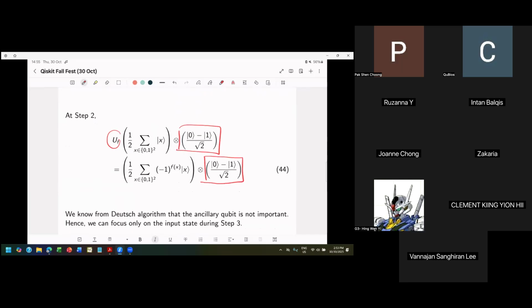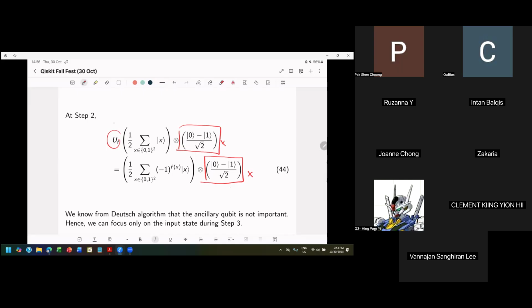Whatever you are trying to do, you are just introducing a certain phase into the first qubit. So from now on, I will not write the last part because this will just waste my space. I will just focus on the first part.